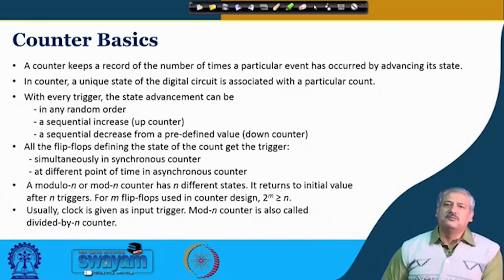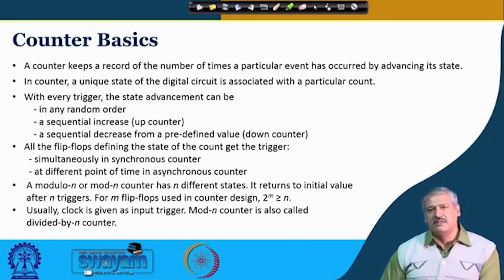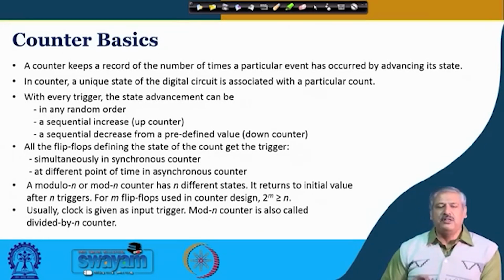And consider the way the events trigger all the flip flops in the counter design. It can happen that the trigger goes to each of the flip flops, and simultaneously each of the flip flops gets triggered. So, that is called a synchronous counter.